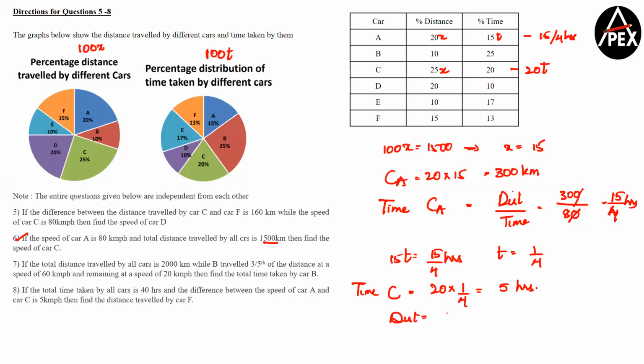Distance is equal to 25 into 15, which will be 375. 250 plus 125 is 375 kilometers. Then speed of car C will be distance by time. So 375 by 5, which will be 75 km/h. Yes, clear?